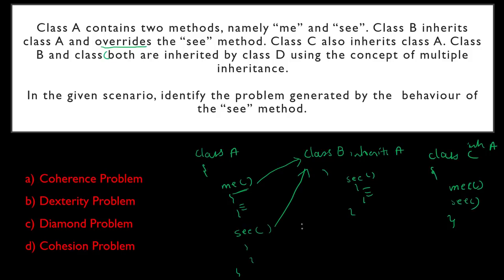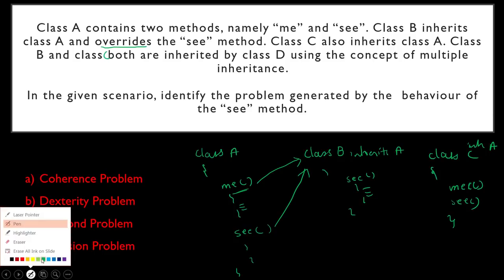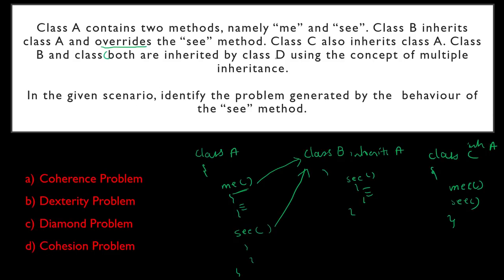Next what happens is interesting. Both class B and class C are inherited by class D. That means you have another class called D which inherits class B and class C both. Now a problem is going to arise.